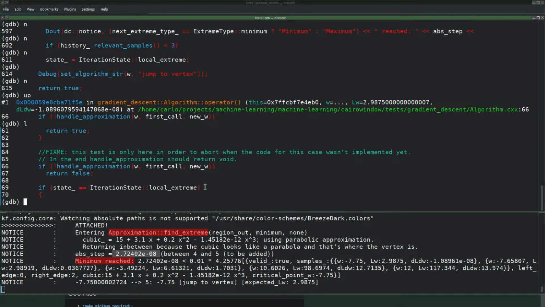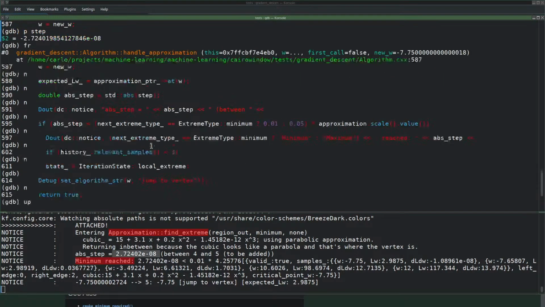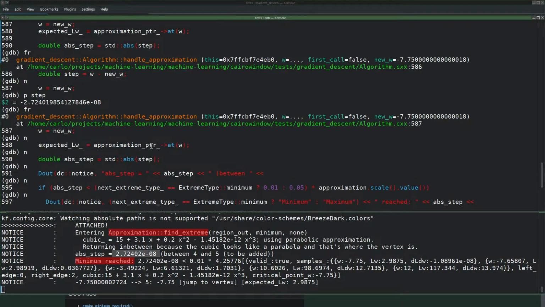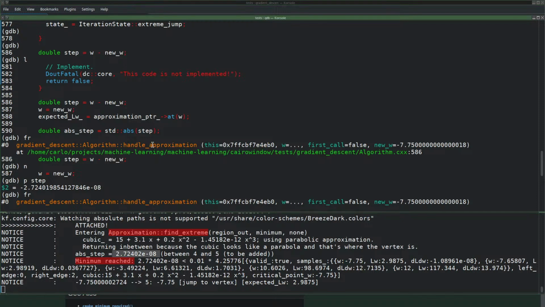And then here we handle the local extreme. Aha. Which function did call the find extreme? Was that not also a handle approximation? I think so.